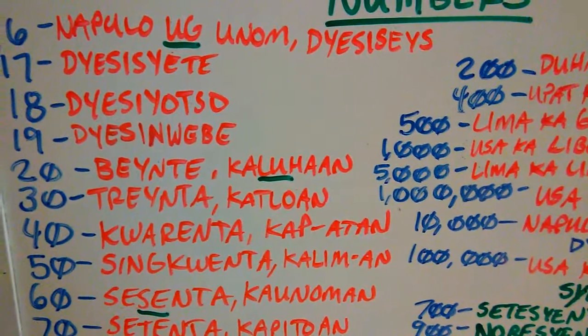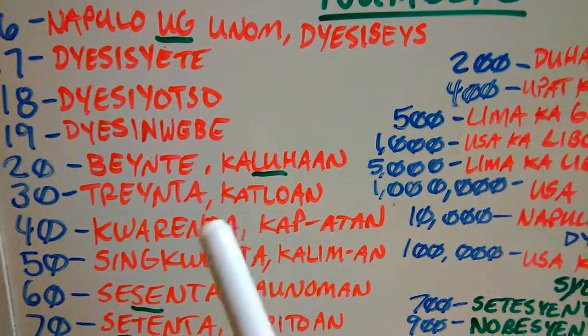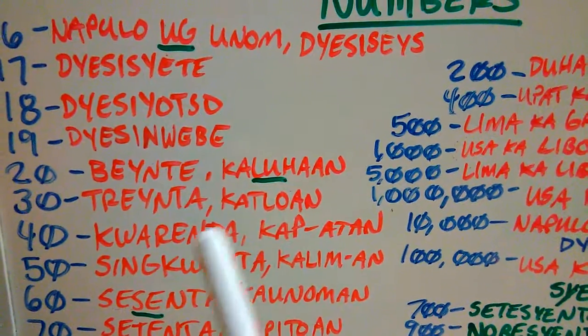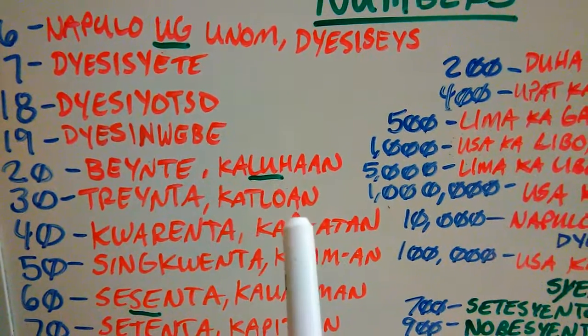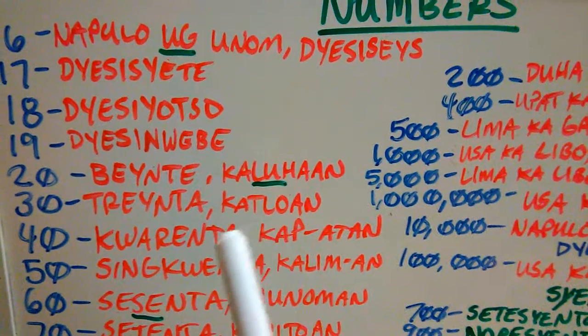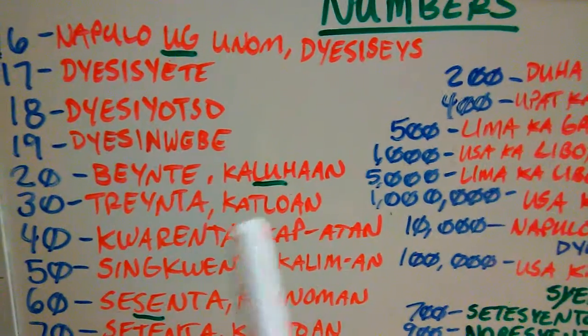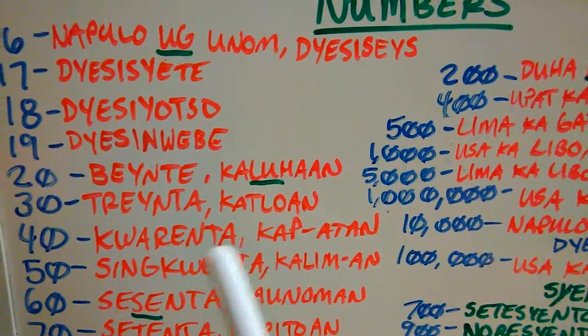30 follows again the Hispanic set. But for the indigenous set, tulo, you see this fusion. You have the circumfix, like with 20, ka, something, something, an. 30 gets ka, something, something, an, but it's katloan.